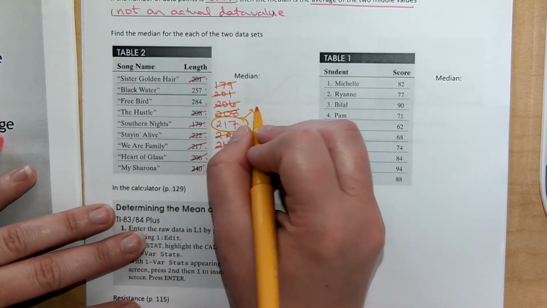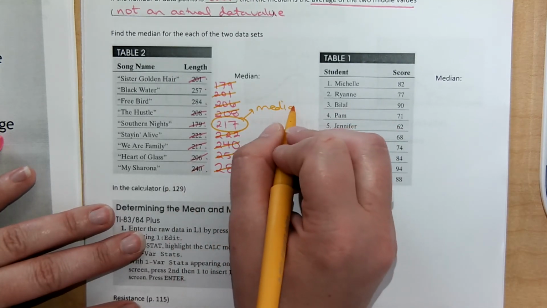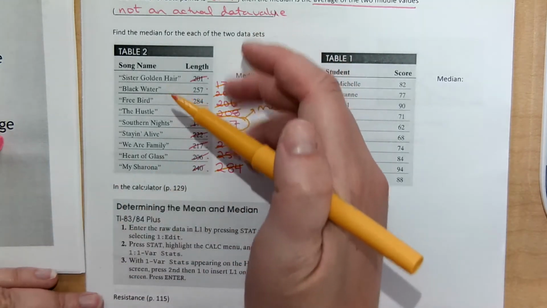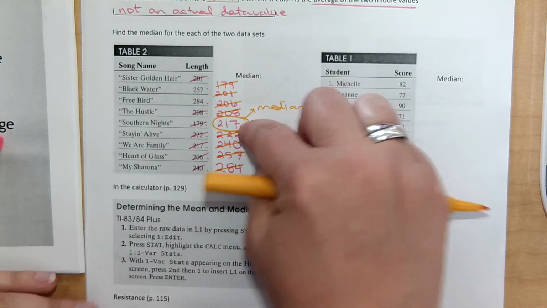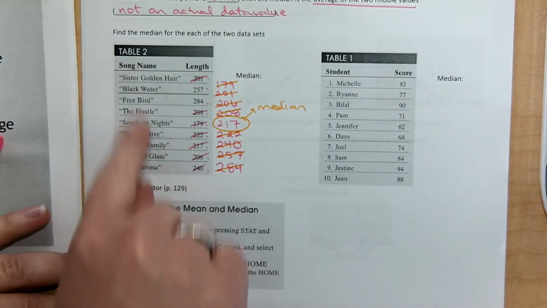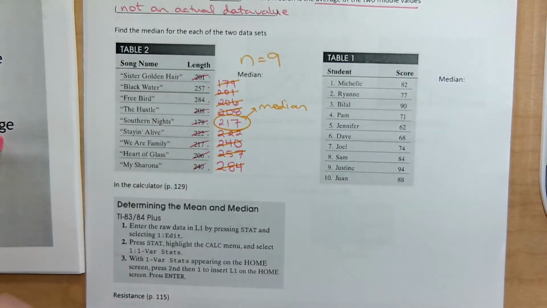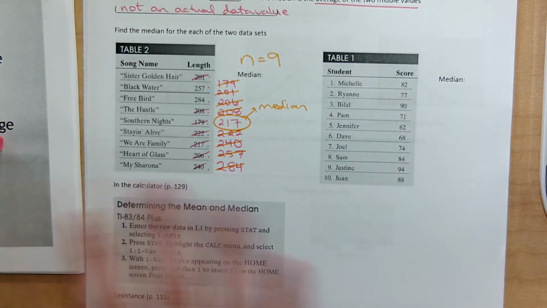So 217 is your median. Smallest and largest get knocked off until you find the exact middle value, and if it's an odd number of data points, in this case n equals 9, then the median is an actual data value.